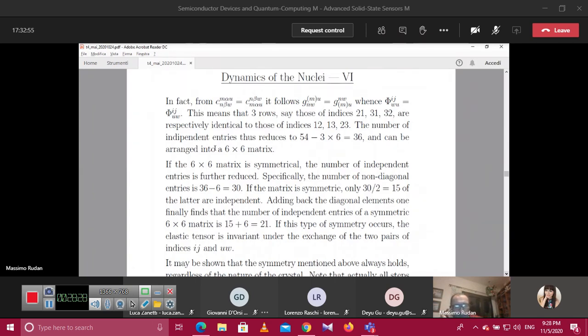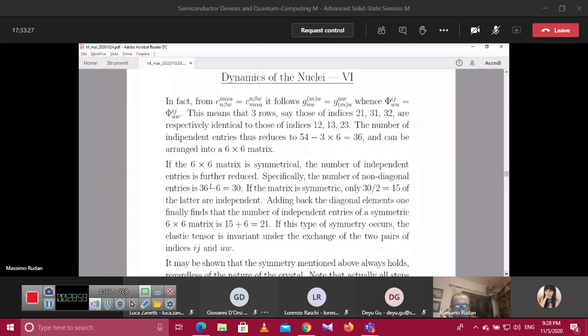So in a 6 by 6 matrix, the terms of the diagonal are 6 and the non-diagonal terms are 30. But 1/2 of the 30 non-diagonal elements is identical due to symmetry to those of the other half of the non-diagonal terms. So the independent non-diagonal terms are 15.